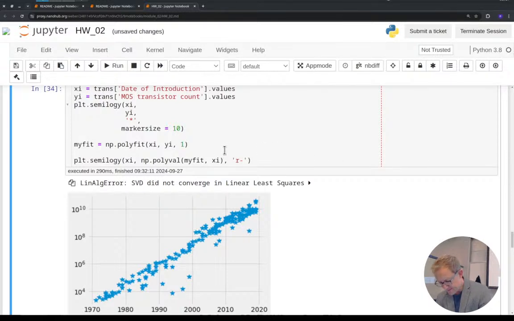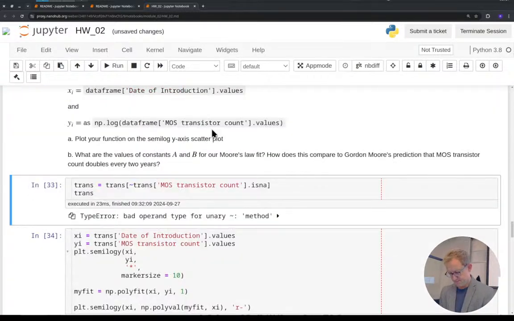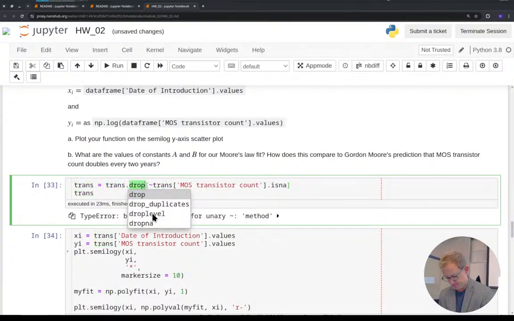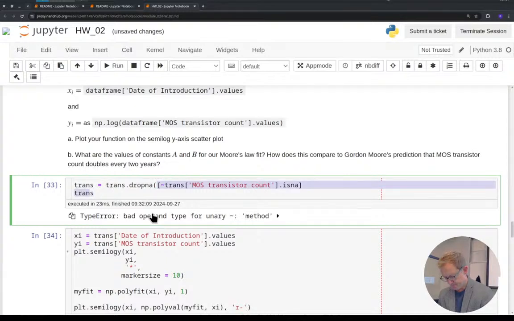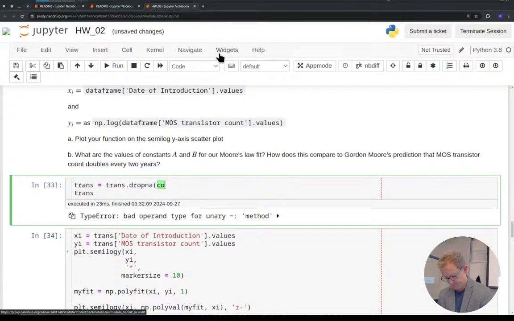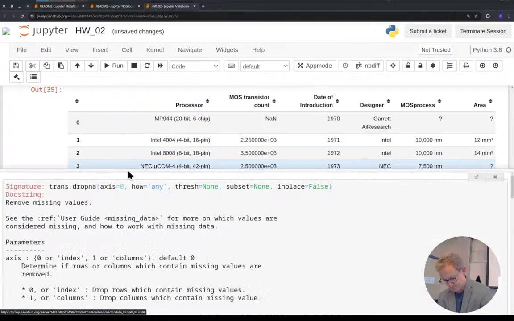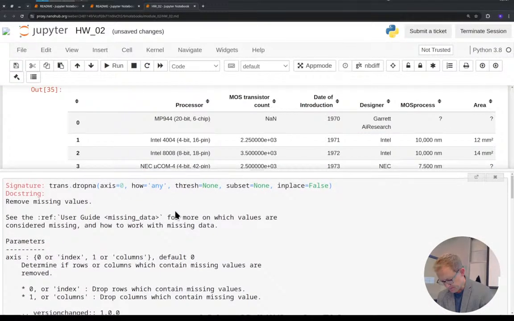And then how did we do that last time? Subset.